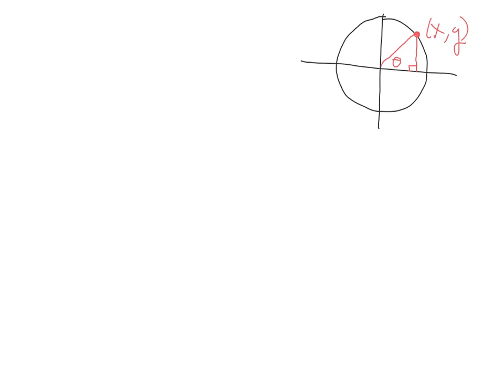What I've drawn here is a unit circle. This is not the first time you've seen a unit circle. The equation of this unit circle is x squared plus y squared equals 1. That means the origin is the center and the radius is 1. So if we talk about theta, which is the angle, I've drawn a triangle here.